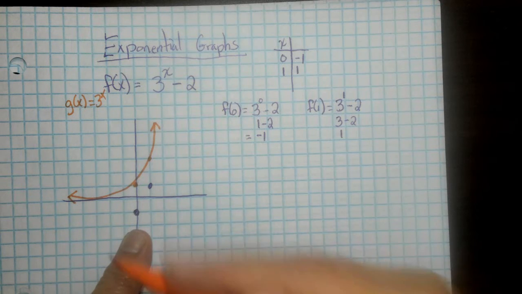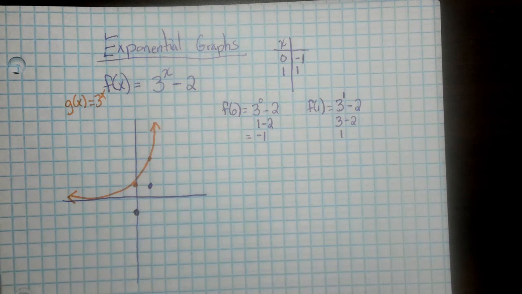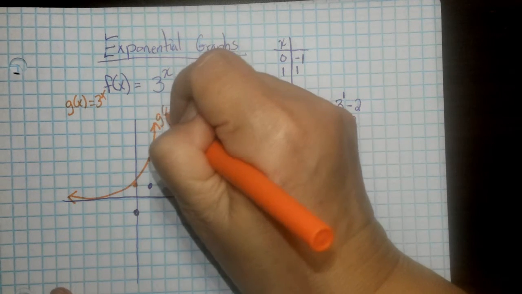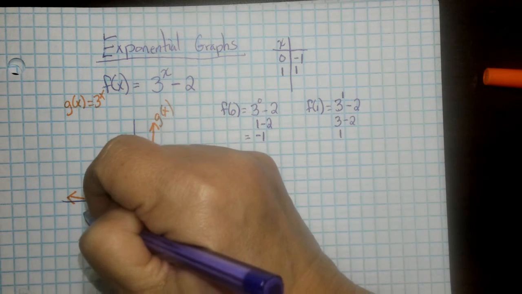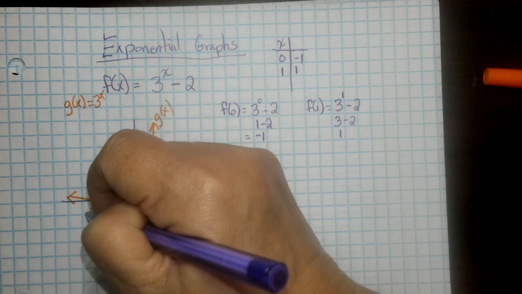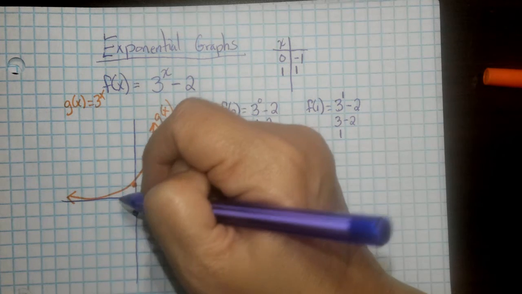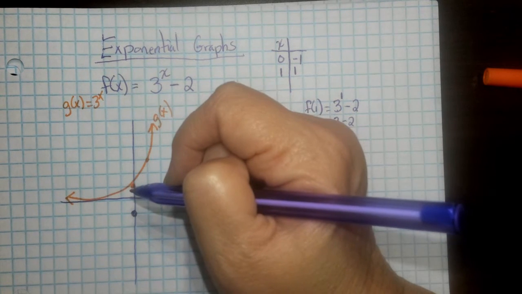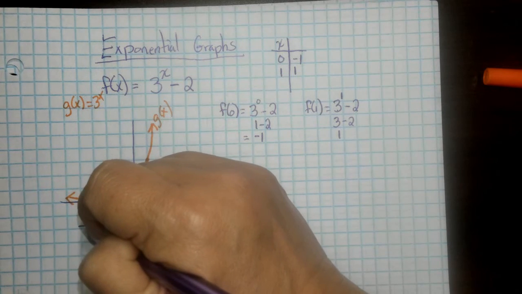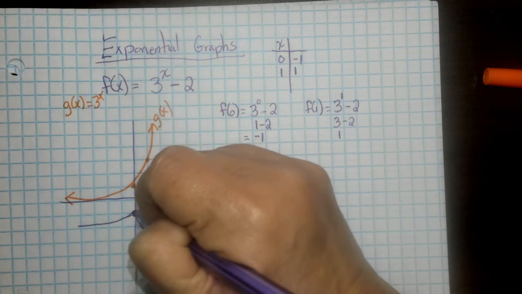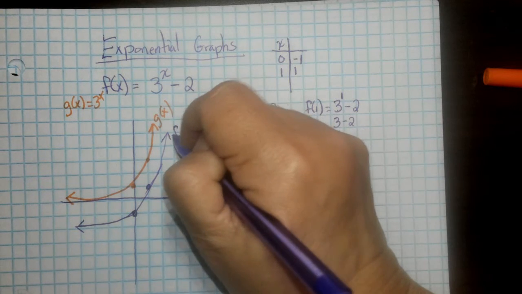So my function has just done a vertical shift down 2 units. So if this is my g of x, my f of x is going to go like this.